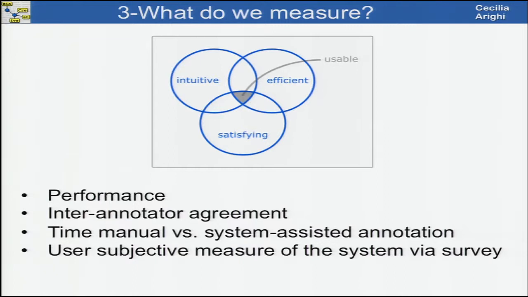This is important because we found that for very complex curation tasks, the inter-annotator agreement is very small. If you see that the performance of the tool is bad, but you know that the agreement between annotators is not good, then you cannot blame the tool.